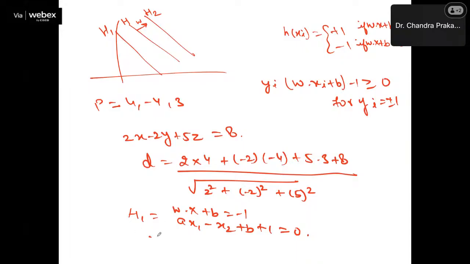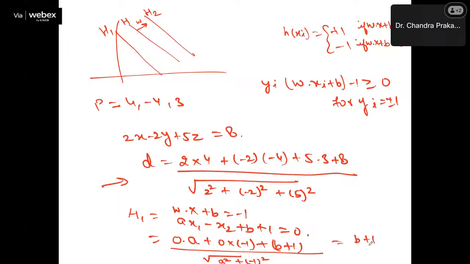using the same formula over here, it is 0 dot a plus 0 into minus 1 plus b plus 1, divided by under root of a square plus minus 1 square. It came out to be b plus 1 divided by the norm of the weight vector.